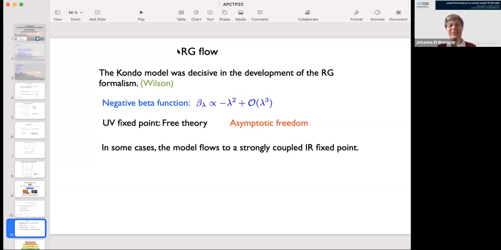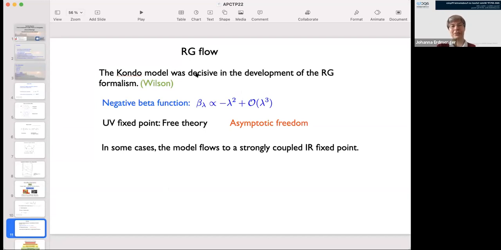Okay, so now RG flows. Due to this property that I just said, that the perturbation theory breaks down, there's a flow to some strongly coupled behavior in the infrared. This model was studied a lot by, for instance, Ken Wilson, in the context of establishing the renormalization group.